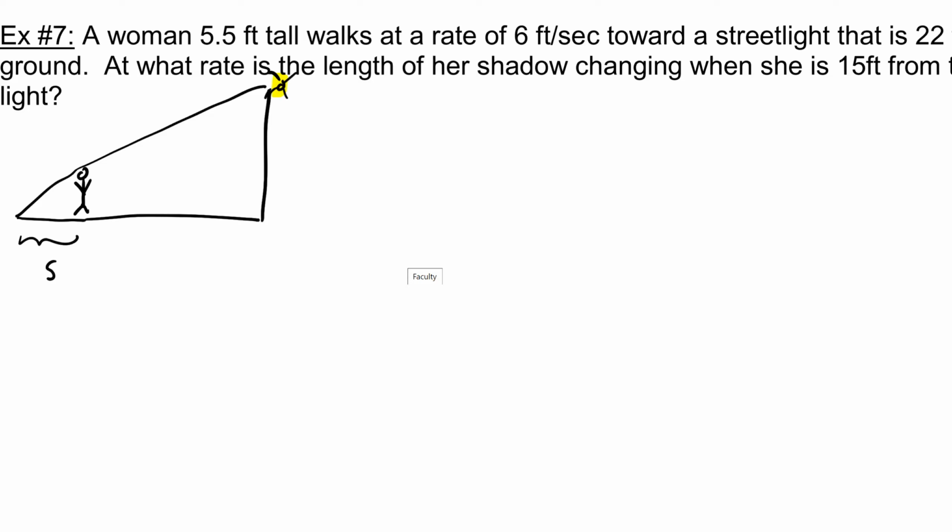The street lamp is 22 feet above the ground. Now, the distance between Hannah and the street light, I'm going to call X because it's going to be changing. As she walks closer, the distance between her and the street lamp gets smaller. And S is going to change because the angle between her and the light is going to be changing.